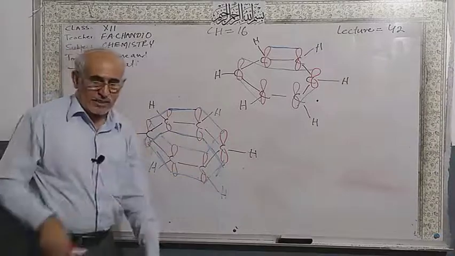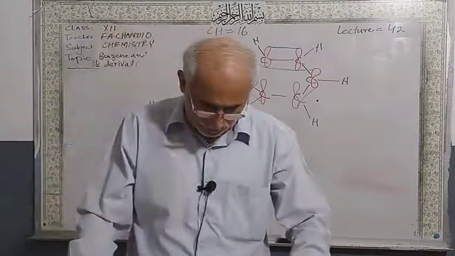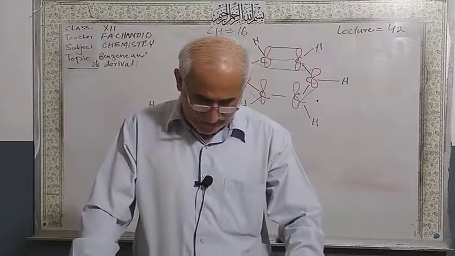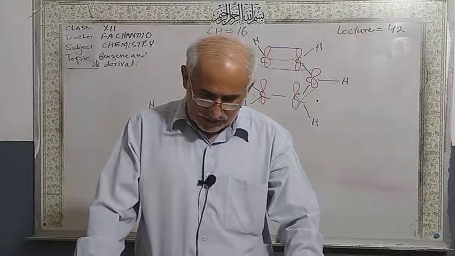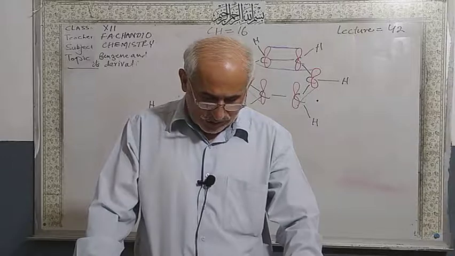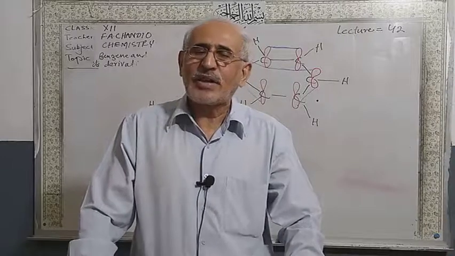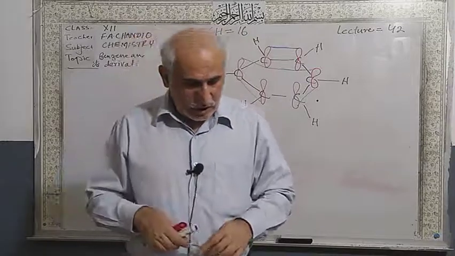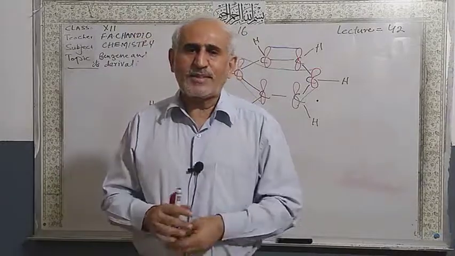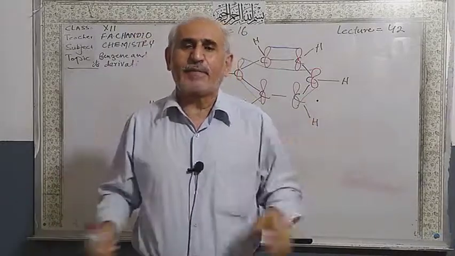You can see in your book also. So the sandwich-like structure of benzene decreases the energy of the molecule. So consequently the molecule becomes more stable and less reactive. This is the reason the benzene molecule is more stable, less reactive.